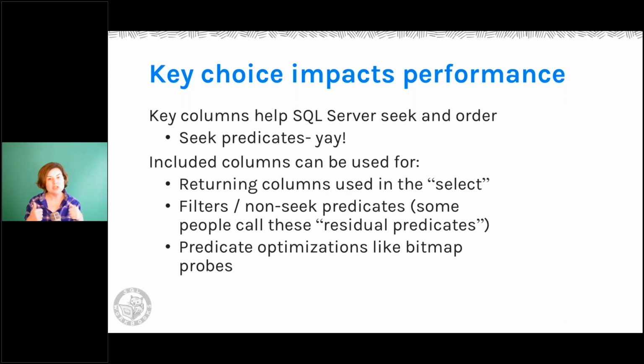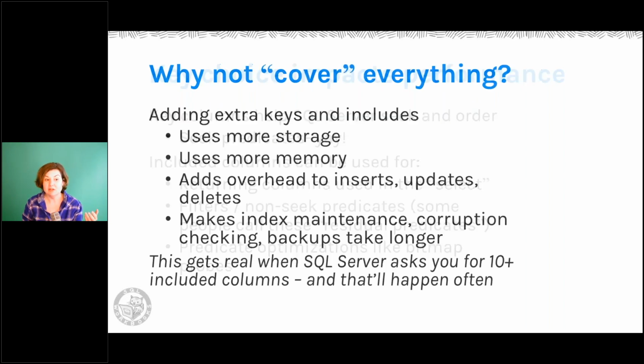Because if I only had gender in the key, I could filter out half the data set. If I only had first name ID in the key and I didn't have other stuff in the includes, it would be like, oh, you don't cover me. I don't want to go do all those lookups. So checking our key columns, do we have as many keys as we need for the query? And are they in the right order is really, really important. Of course, in some cases, even if we have all the keys there, it may need included columns to get it to use the index.